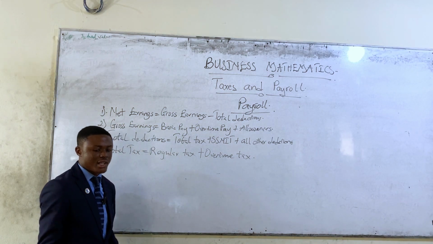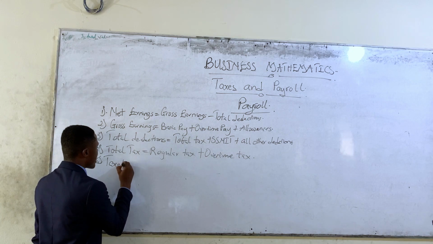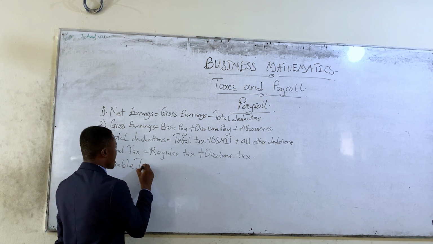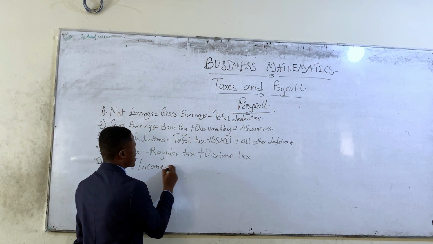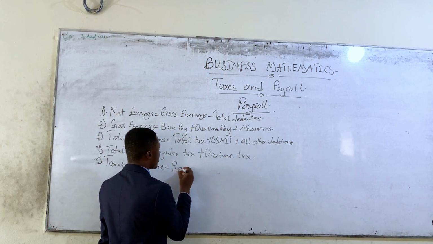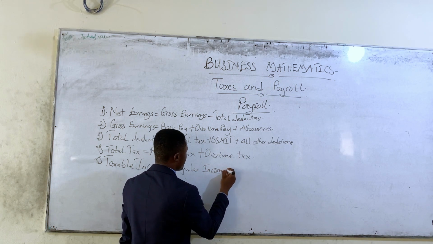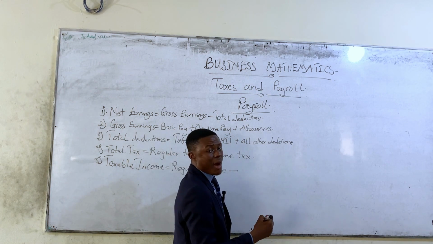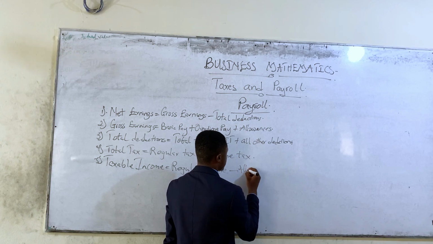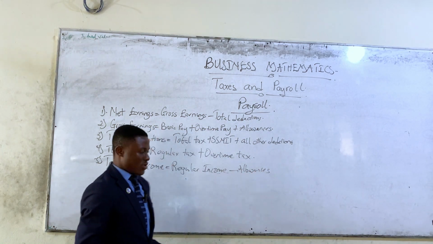So as we continue, when you talk of taxable income, meaning income that we can charge tax on, our taxable income becomes our regular income, which can be your basic pay, minus allowances.